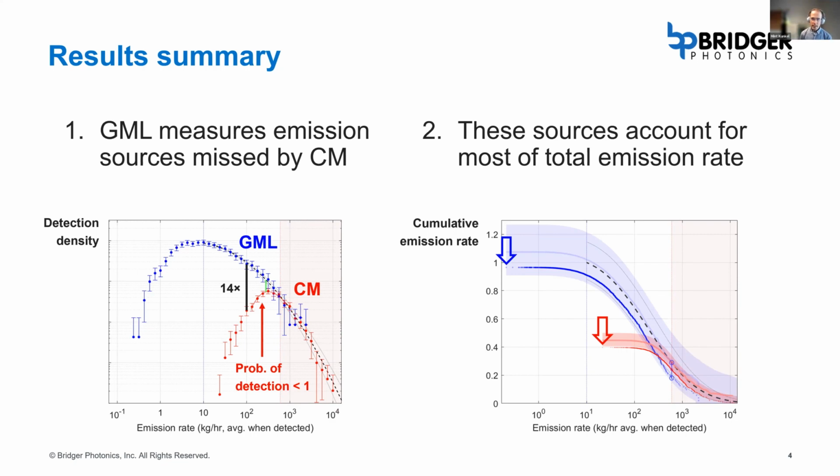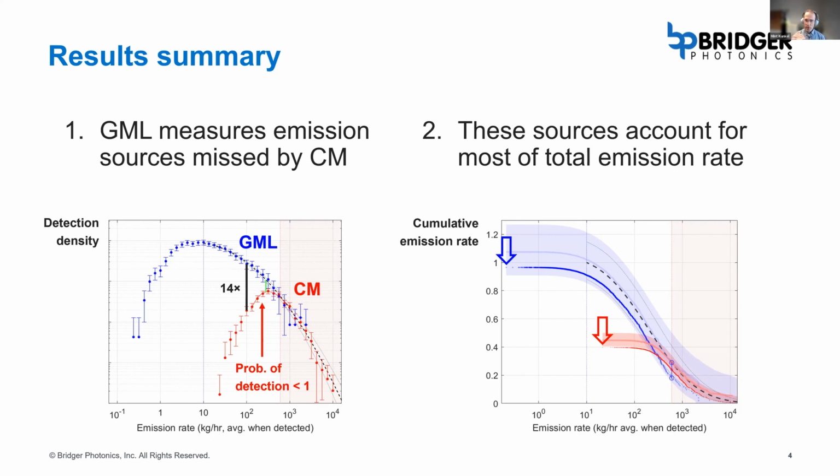So if we look at the cumulative emission rate distribution, then we can assess the significance of the total emission rate that was contributed by those sources. Ignoring all of the other stuff on the plot, I would just point to the point distributions, blue and red. They're showing the GML and Carbon Mapper distributions.